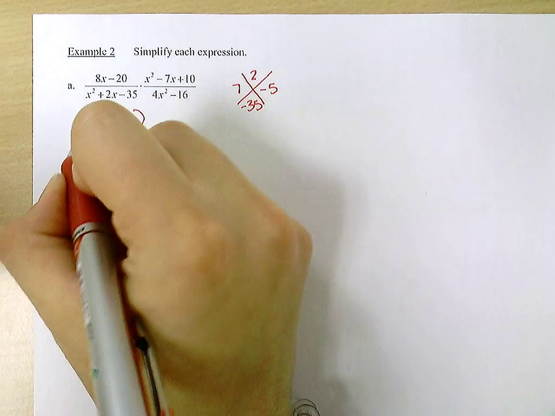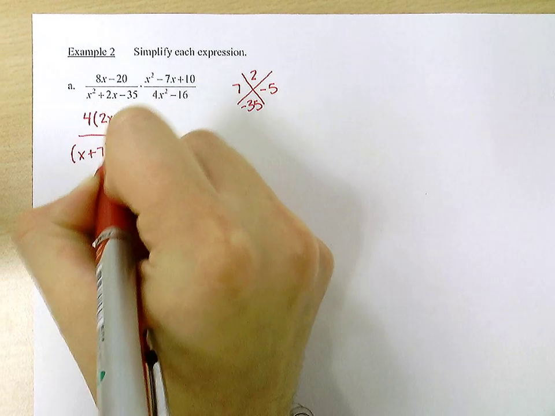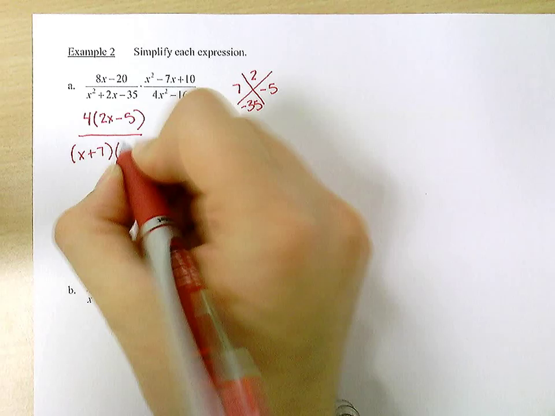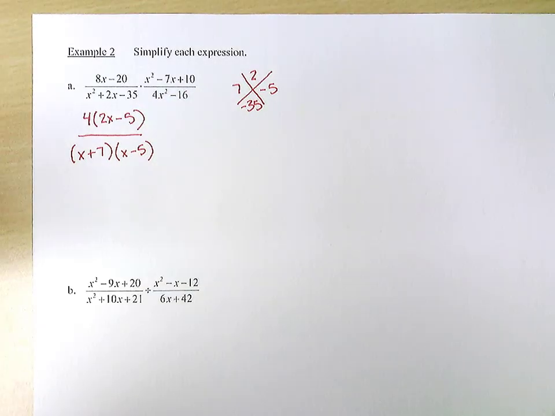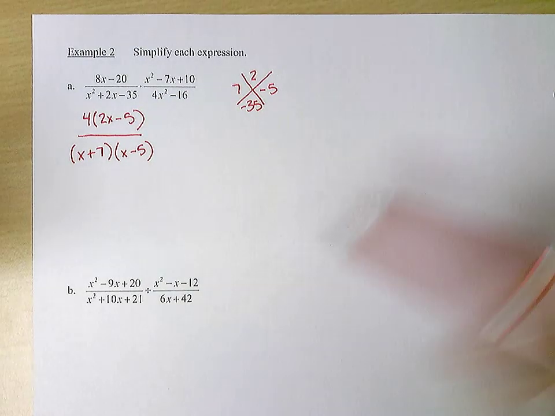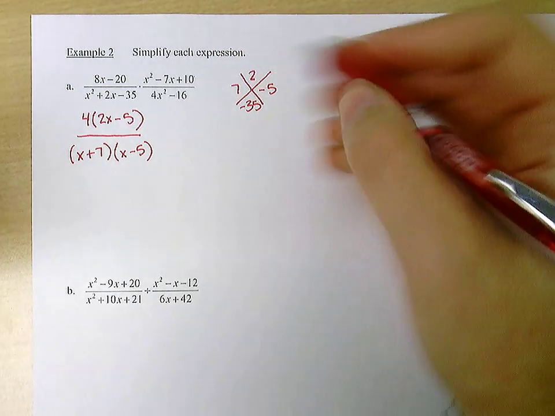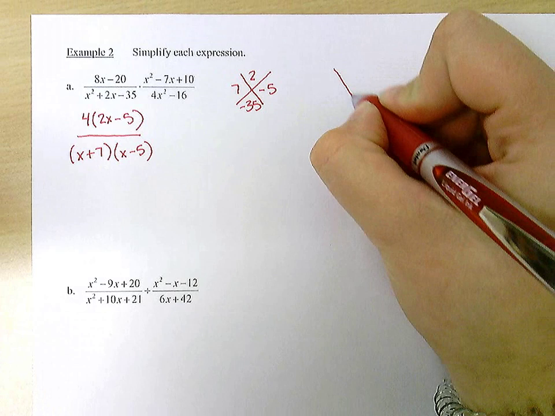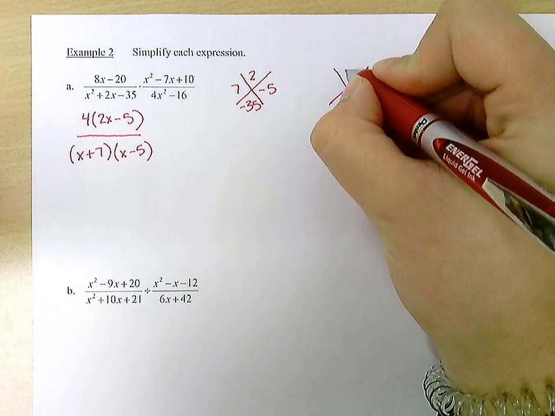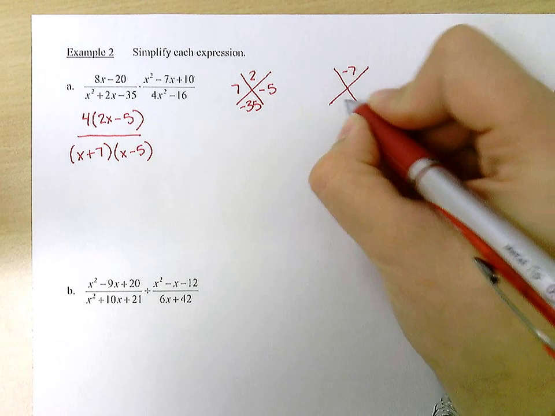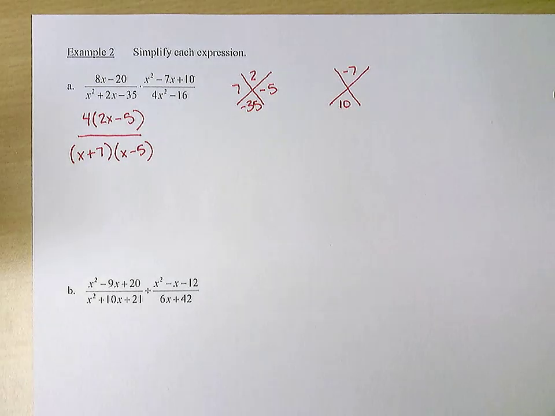So I would write this as x plus 7 times x minus 5. I want to do the same thing with the other fraction as well. So in the numerator, I can use the x method. So what adds to negative 7 and multiplies to 10?